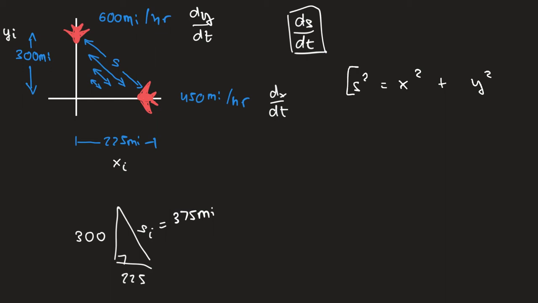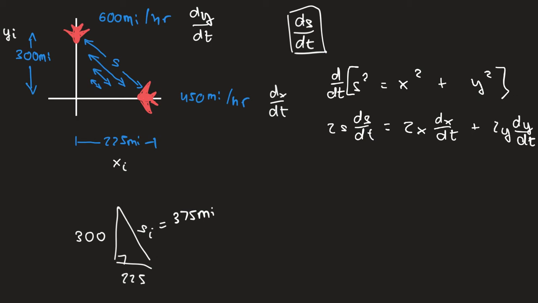To take the derivative of that, we take the derivative of the whole function, which is d over dt. So we would have 2s ds over dt. Sorry, that should be a t. 2x dx over dt plus 2y dy over dt. And we can just cross out all of these t's here.